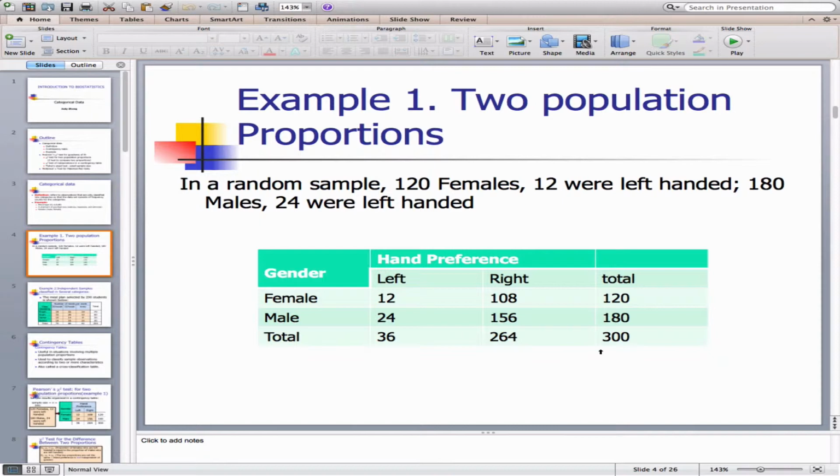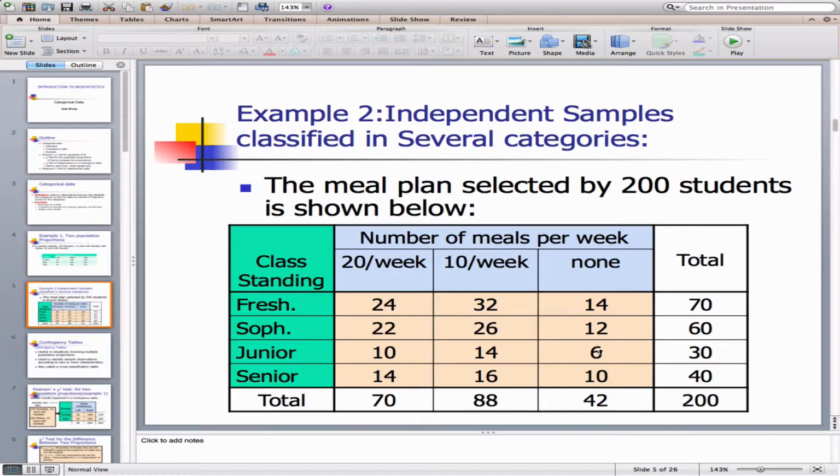So this is a typical setup of a categorical contingency table. After you have seen the setup, we can extend this a little bit, because it doesn't have to be 2 by 2. It doesn't have to be 2 categories in the rows and in the columns. It really can be any number of categories. For example, here we have the meal plan selection by 200 total students, who fall into 4 grade classes: freshman, sophomore, junior and senior, and they have 3 choices of meal plan.